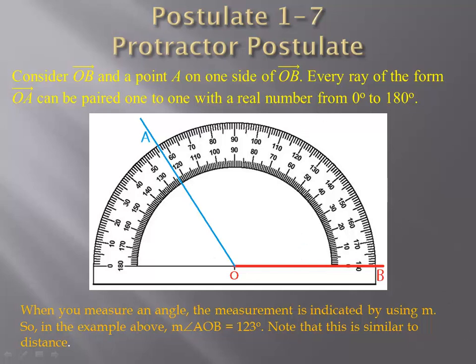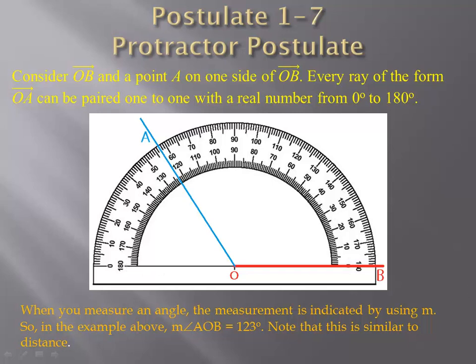Every ray of the form OA, and here's ray OA right here, can be paired with one real number. And since I'm doing one ray to one real number, we call that pairing 1 to 1. And it can pair from 0, which is over here, all the way around till we get to 180 degrees.